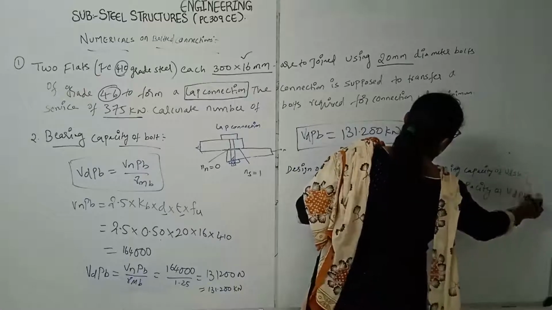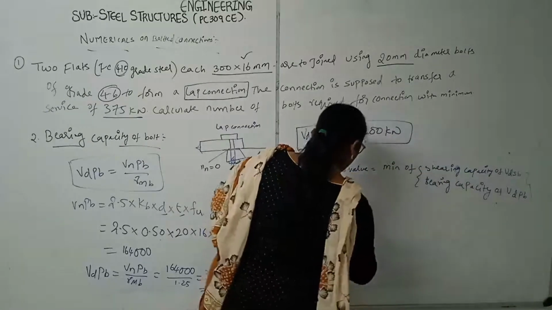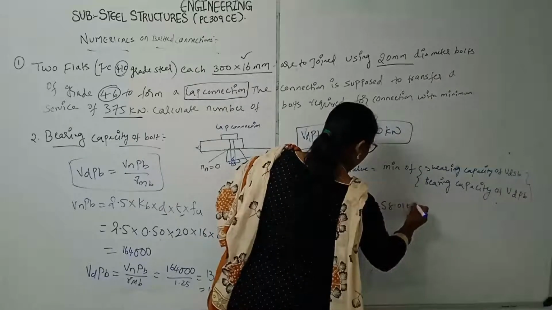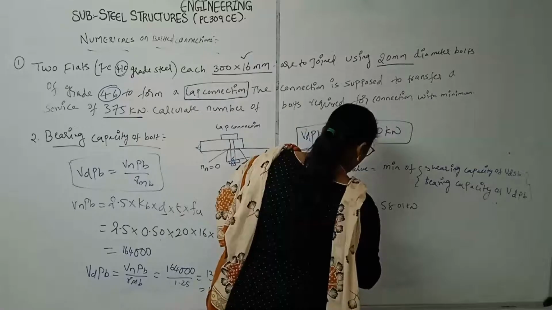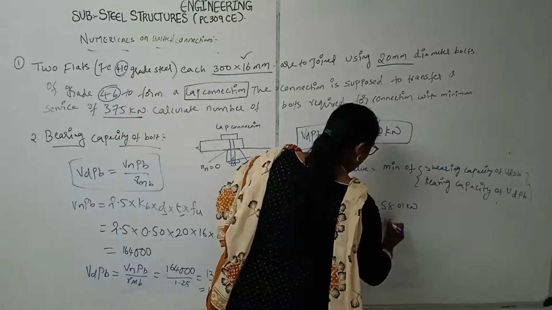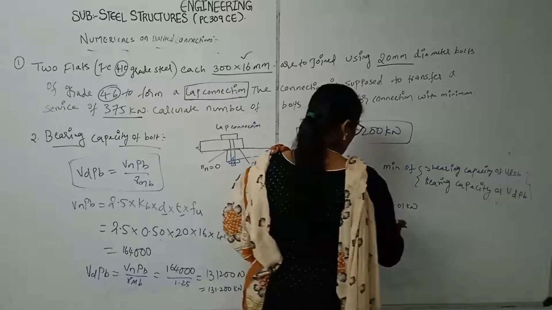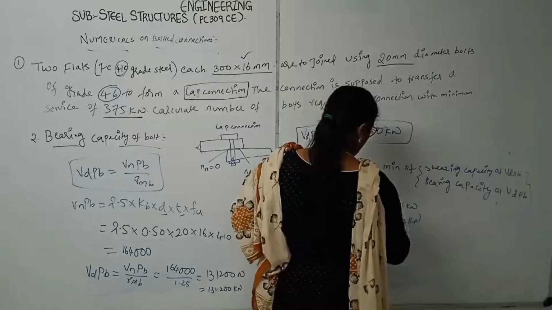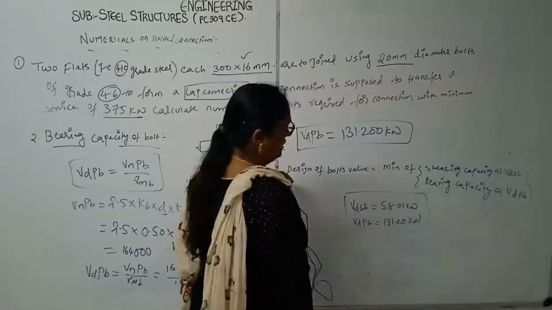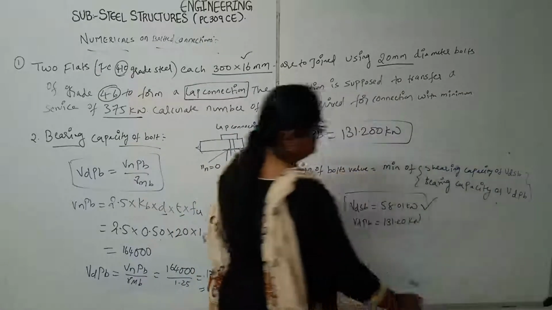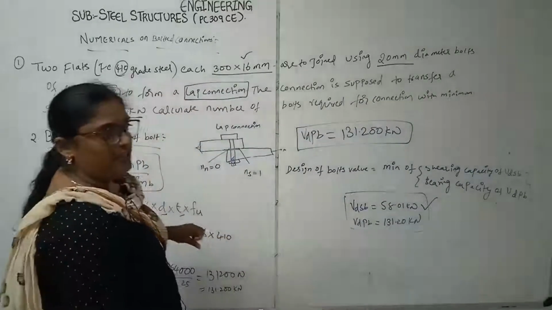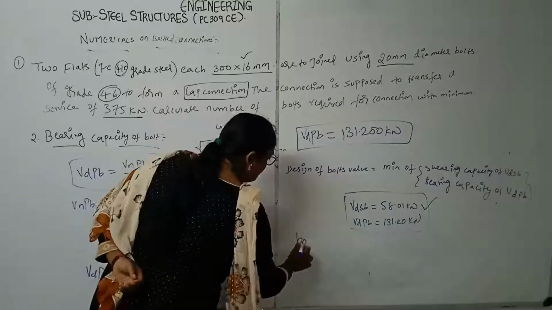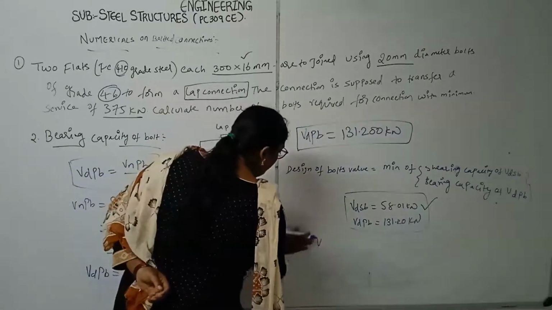VDSB is 58.01 kilonewton. VDPB is how much? 131.20 kilonewton. Among these, 58.01 kilonewton is the least value. So obviously the bolt value per bolt will be 58.01 kilonewton.